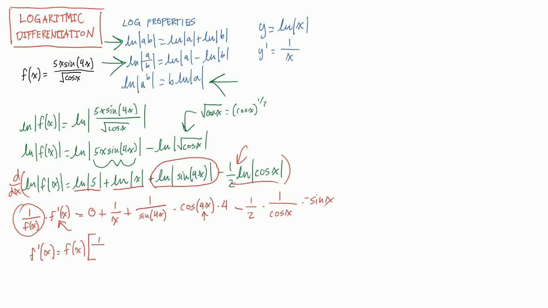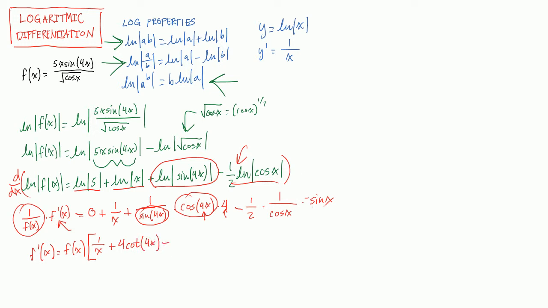So 1 over x is pretty simple, but we've got a cosine over a sine, which is secretly just cotangent of 4x. So I'm going to add, and then there's this 4 right here, so 4 times cotangent 4x.